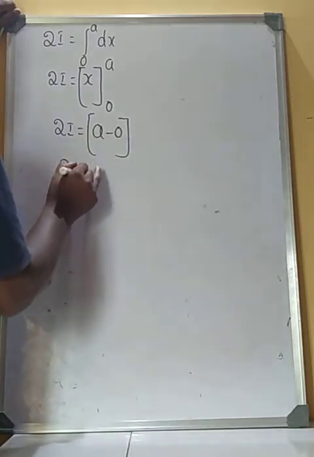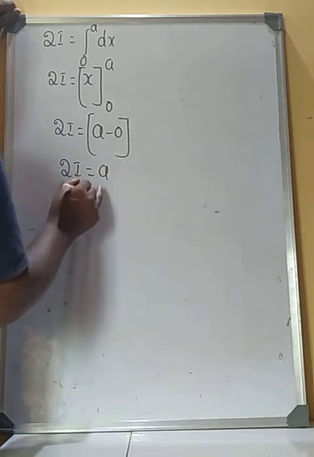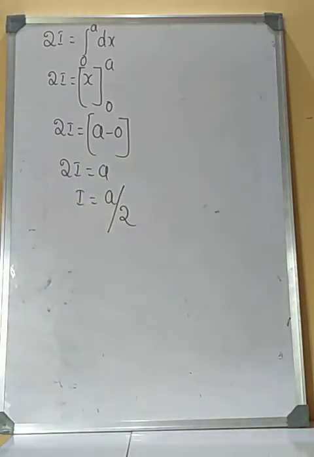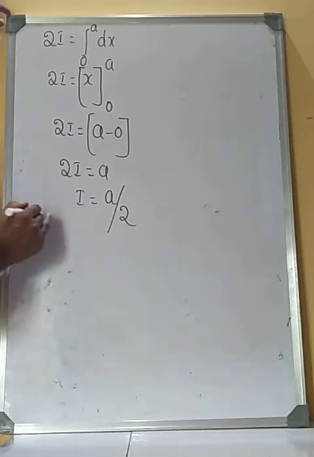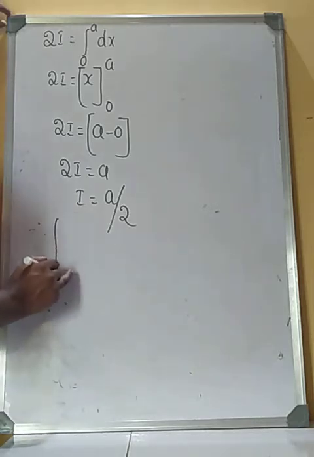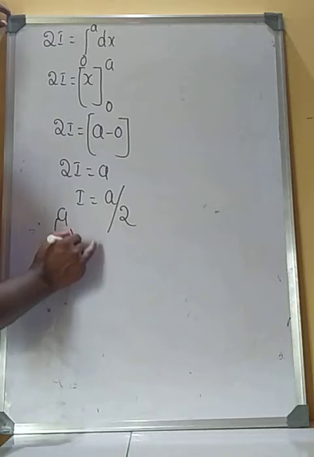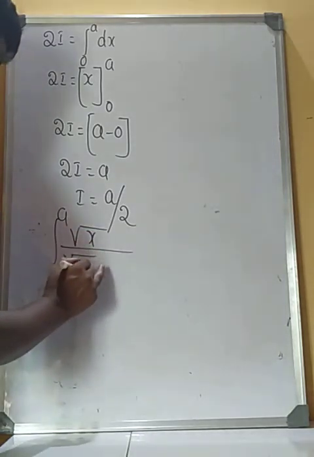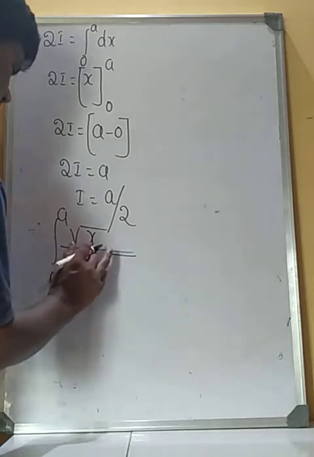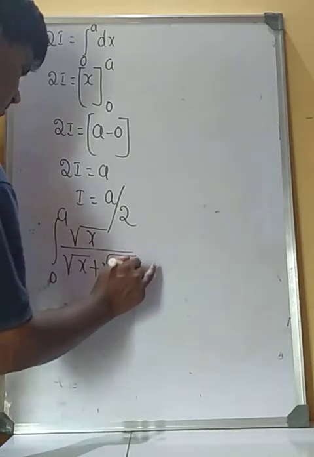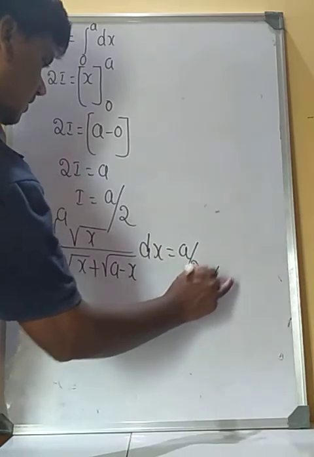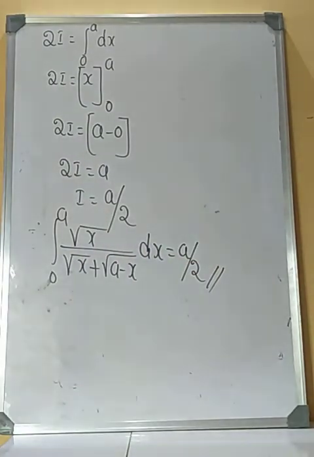Therefore 2I is equal to a. Therefore I equals a divided by 2. So therefore I, the integral 0 to a of root x divided by root x plus root of a minus x into dx, is equal to a divided by 2.